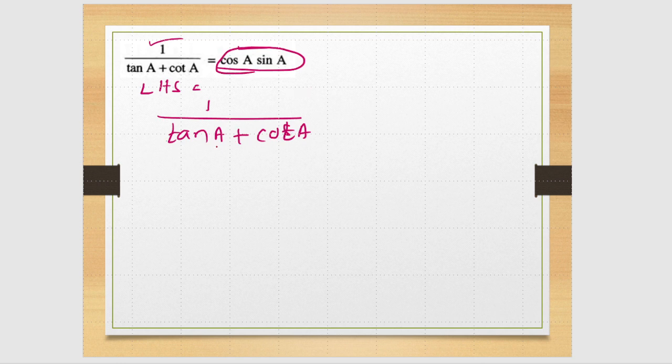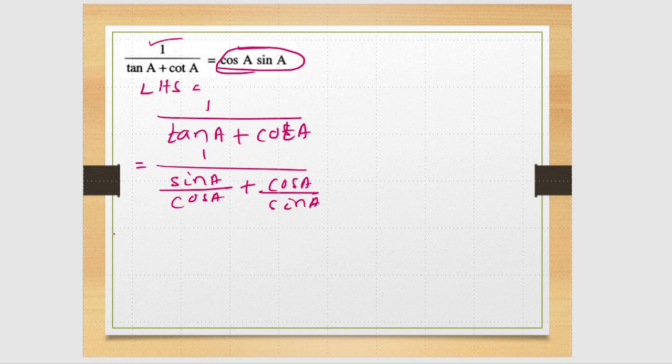So we will convert them into sin and cos and check whether RHS is coming or not. 1 by (sin A by cos A plus cos A by sin A). Okay, so now solve this. 1 by, you can do the butterfly method for addition.